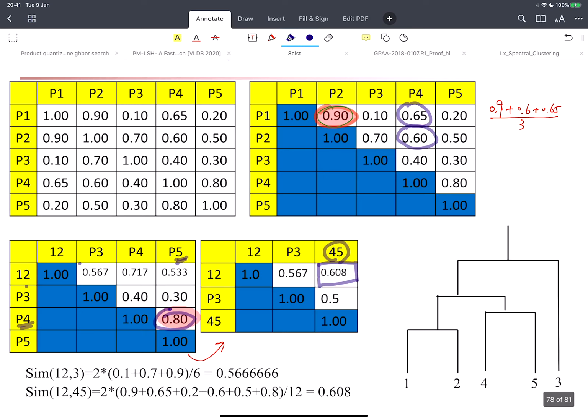So you create a new cluster which is {4, 5}, right? And arguably, the most difficult one is to calculate the similarity between these two clusters. If you draw it, it's going to be 4 points: this is 1, 2, this is 4 and 5. So how many links are there?